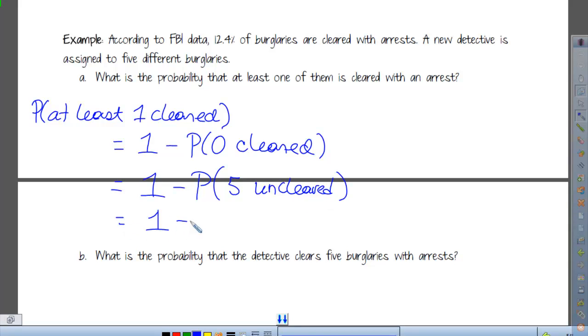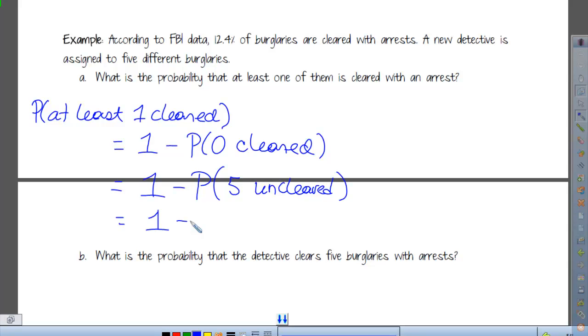And we're going to have to assume that these are independent because they gave us 12.4%. That number should be from a large number of observations. So it's unlikely that we'd select the same one twice. So we get 1 minus the probability of uncleared is going to be what? Okay.